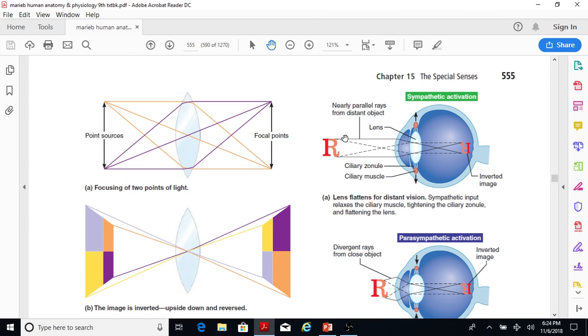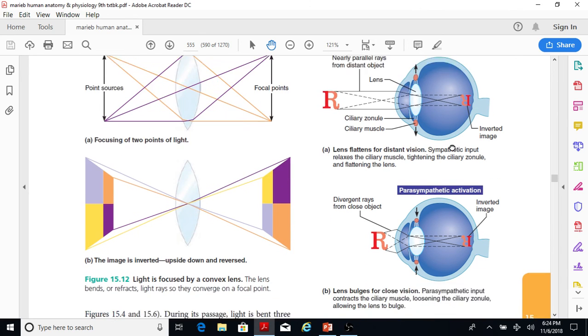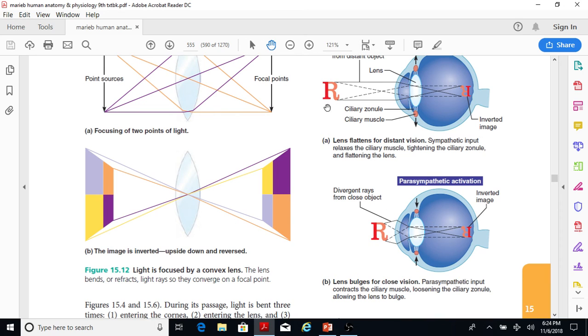So the rays bend, and what we see, the actual light that we're looking at, because of the lens, it actually inverts the image. It makes it upside down and also flipped. We notice that here also, whether it's from far vision or close vision, the image still gets inverted.